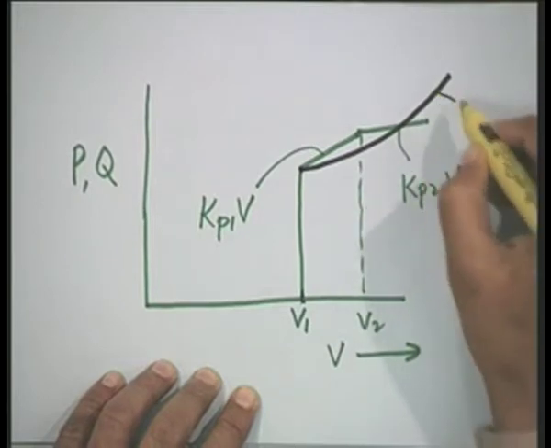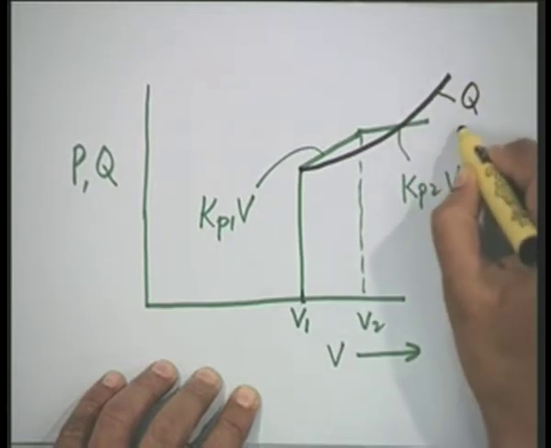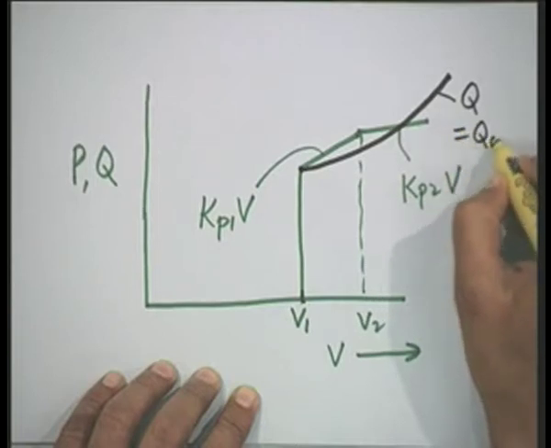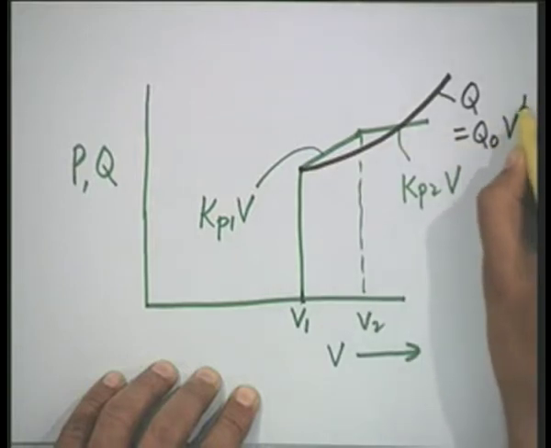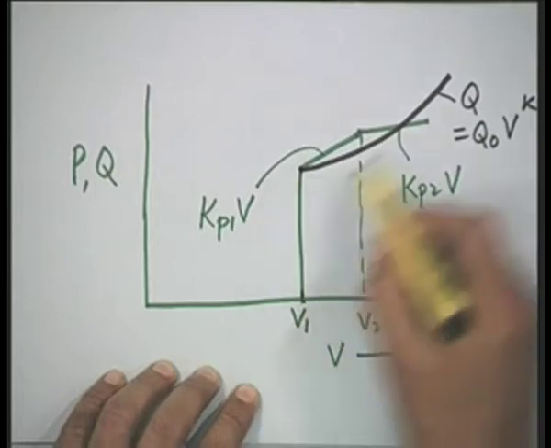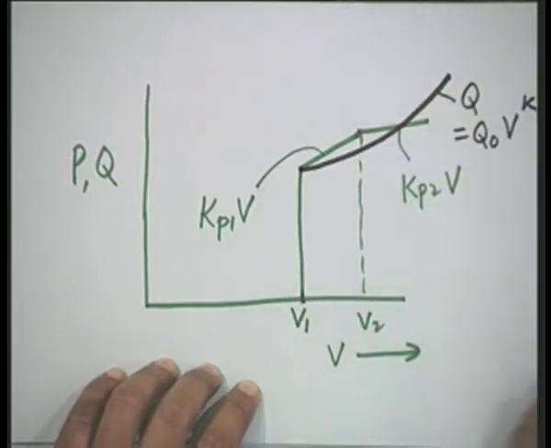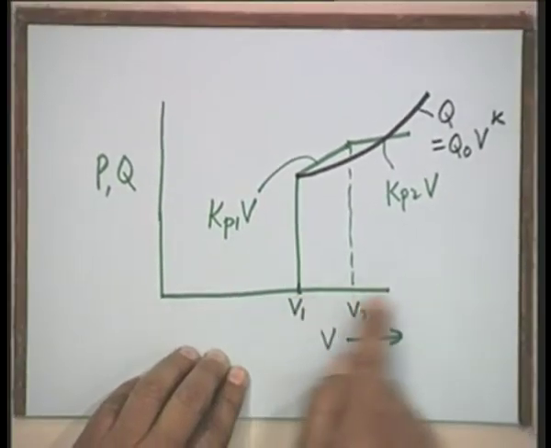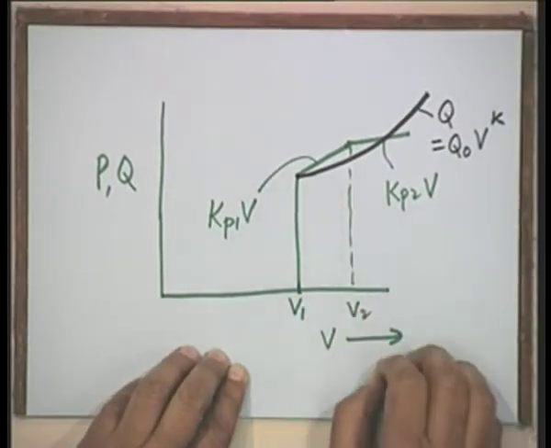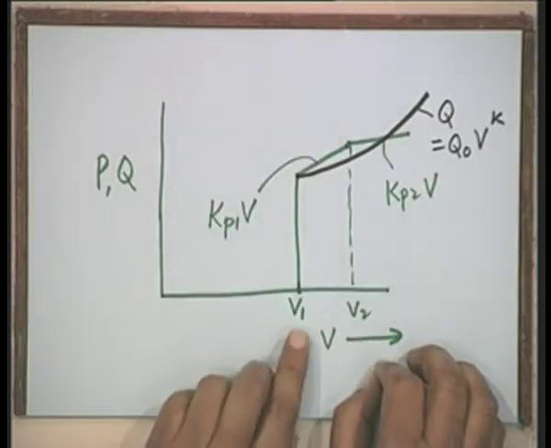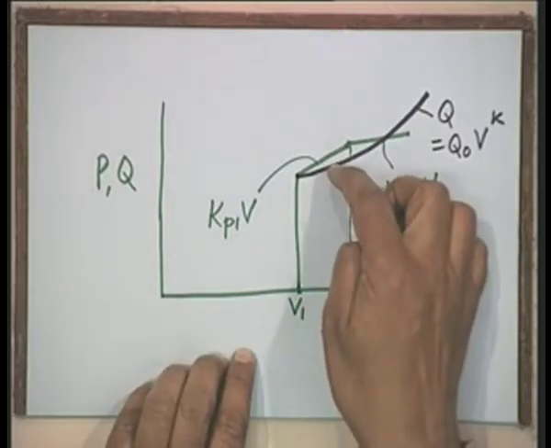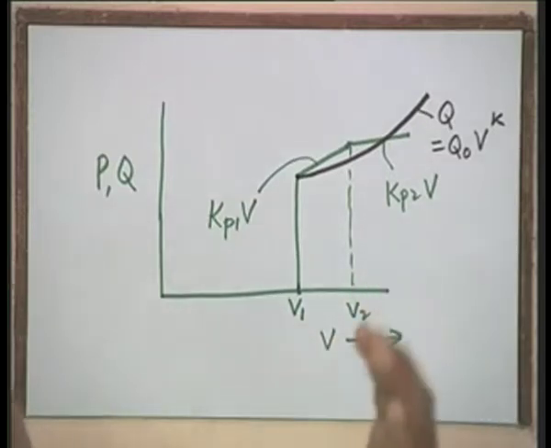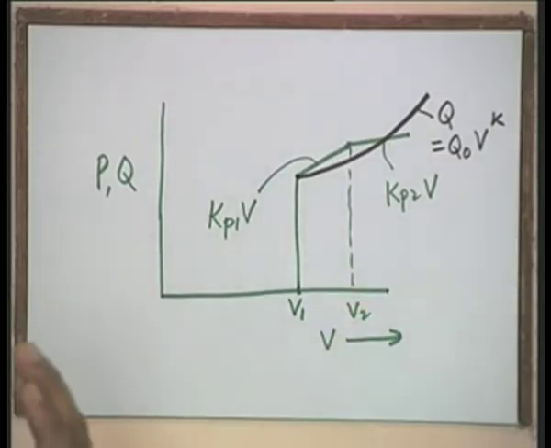This type of curve we can call Q, which is equal to Q naught, the value at this particular point, multiplied by V to the power of some coefficient k, a very non-linear type of variation. Since the system voltage is varying, when you want to model these devices, in case the voltage is less than V1, they are off. When it is between V1 and V2, P and Q have to be shown by this. That is, in the model you have to have that facility where you represent the loads as a function of voltage.